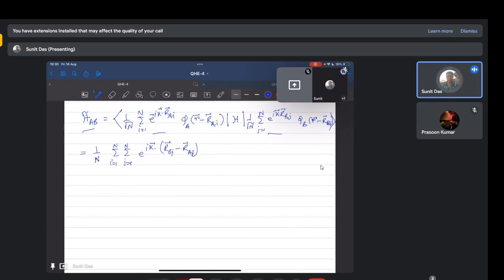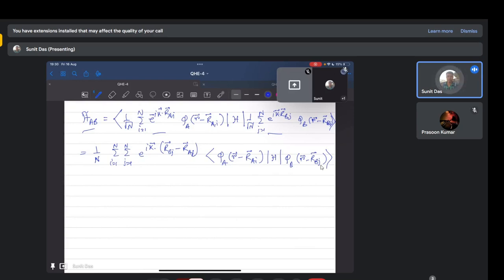So r b j and r a i simply represent the position of the B type jth atom and the A type ith atom. And then this is simply phi A of r minus r a i, inner product with H, phi B of r minus r b j.